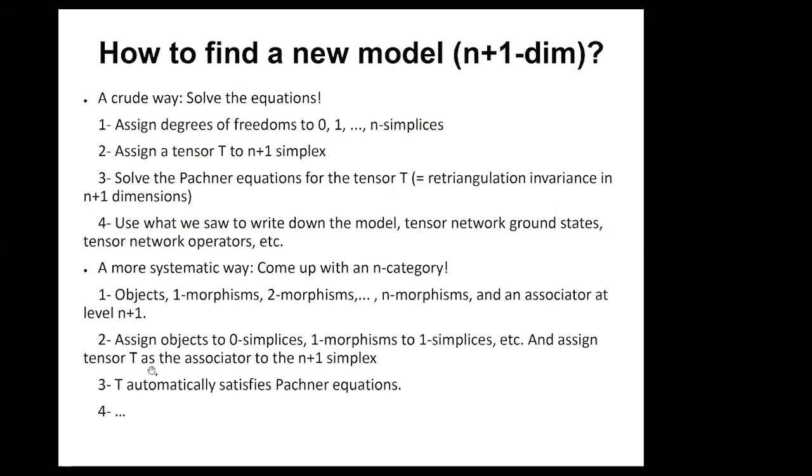And that tensor T, that associator, you put it in the N+1 simplex in the tensor network, and you put all these objects to these simplices from 0 to n simplex. Object goes to 0 simplex, the k-morphisms go to k simplices. If you construct this consistently, this T automatically satisfies Pachner equations. So you get your things automatically. But as we saw in his talk, it may also be challenging to find these structures.